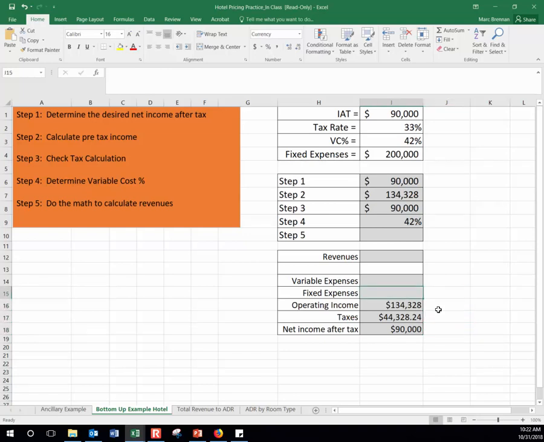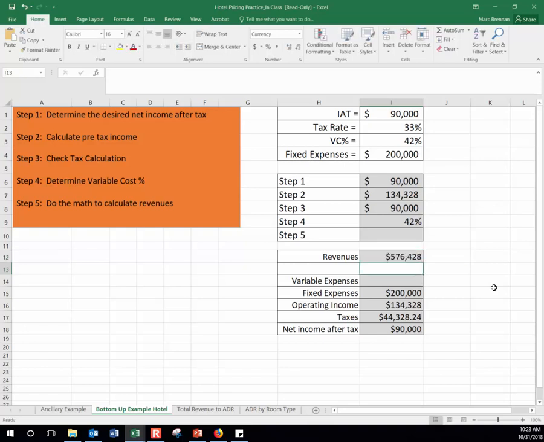Do we know our fixed expenses? Yes, we do. $200,000. Perfect. Now, to find out my required revenue, I need to do the same thing I did before. So we're going to add up our income before tax plus our fixed expenses, close our brackets, and divide it by 1 minus my variable cost percentage, which is 0.42.